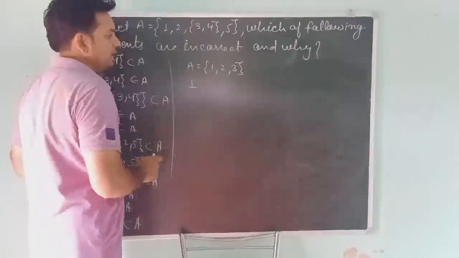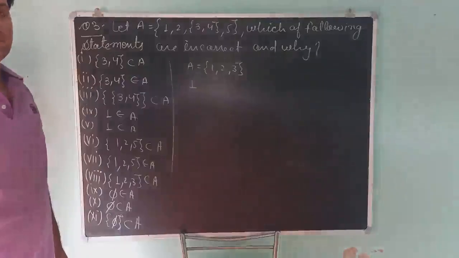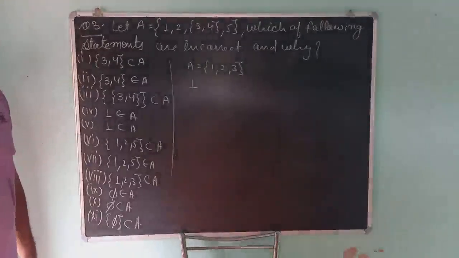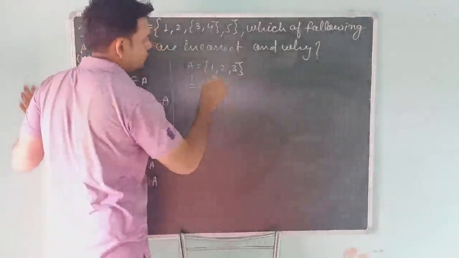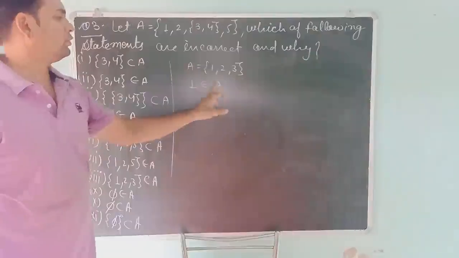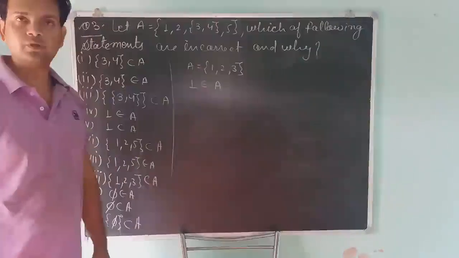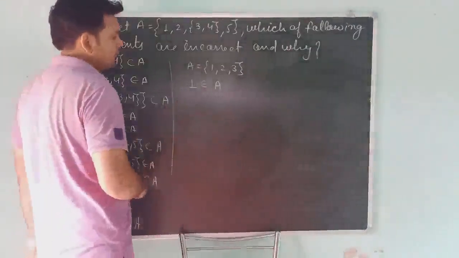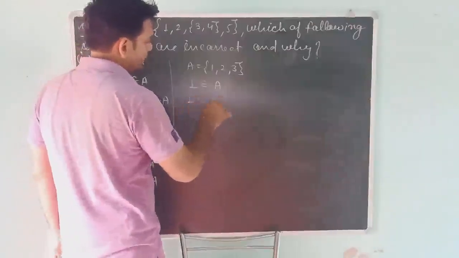This is only an element, and always remember, elements only belong to a particular set. So here our symbol will be only belongs to. 1 belongs to A. You will write 1 belongs to A. Suppose any student writes 1 is a subset of A, this is wrong.